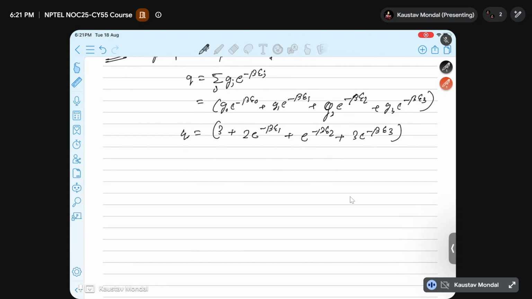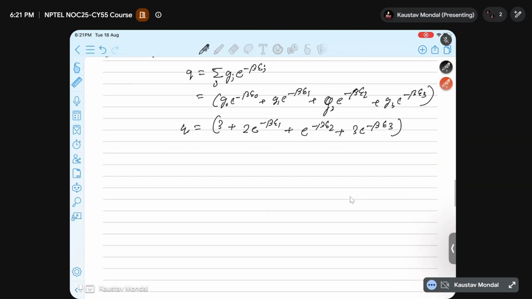Now for n non-interacting particles, we have already calculated the internal energy in the previous class.